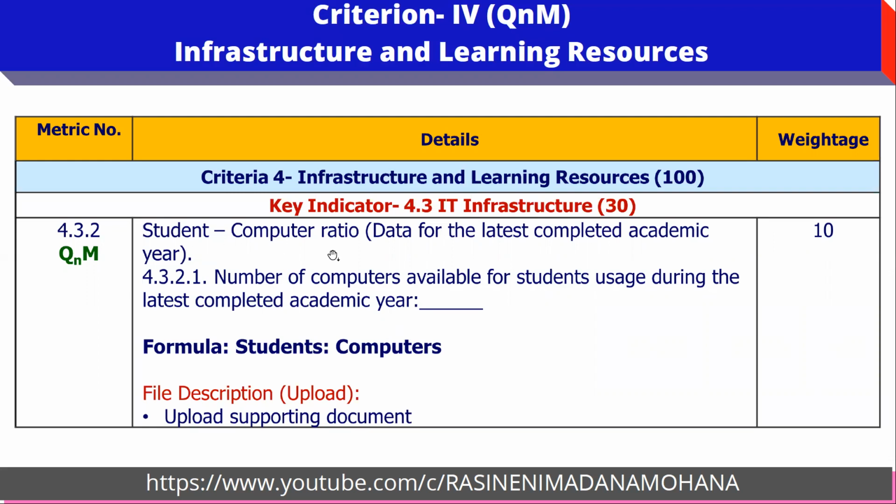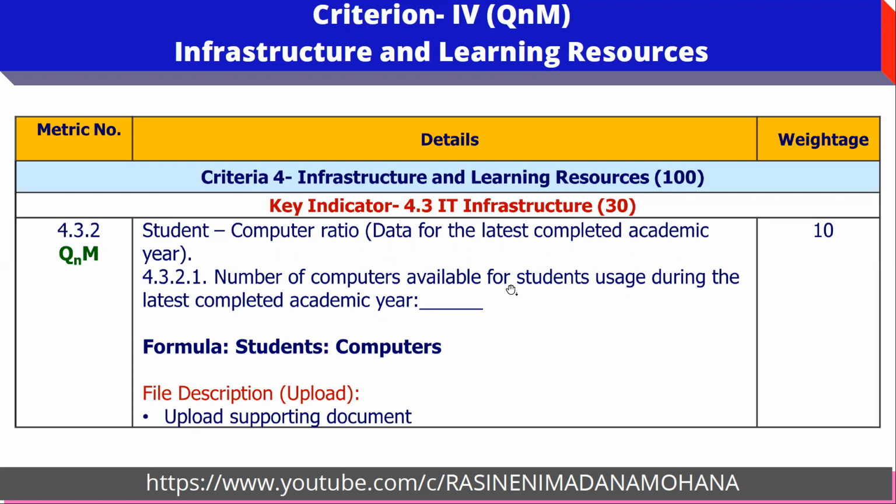This ratio is for only the latest completed academic year, not all the 5 years. In every metric in NAAC, they will mention either the latest completed academic year or the last 5 years. Based on that only, you provide whatever they asked, only the related data. So the student computer ratio is for only the latest completed academic year.